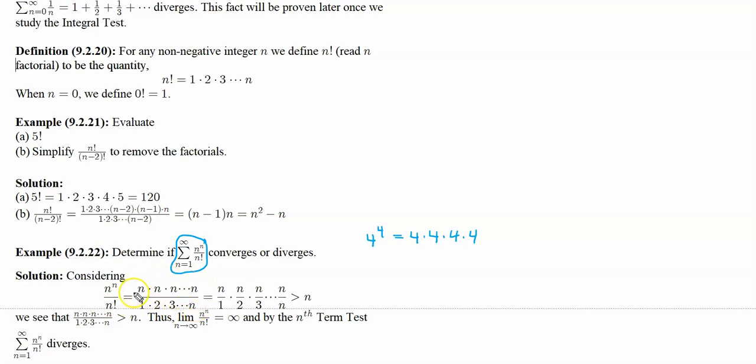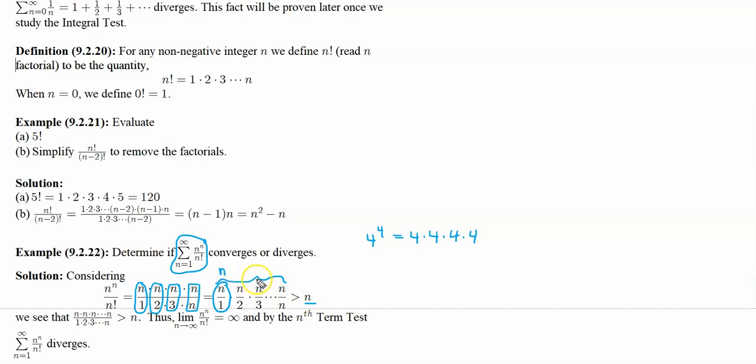Now let's break this fraction here apart a little bit. Write it as n over 1 times n over 2 times n over 3 all the way out to times n over n. So that's what we have right here. Now you'll notice that this is always going to be bigger than n, right? You see that because right here is n.